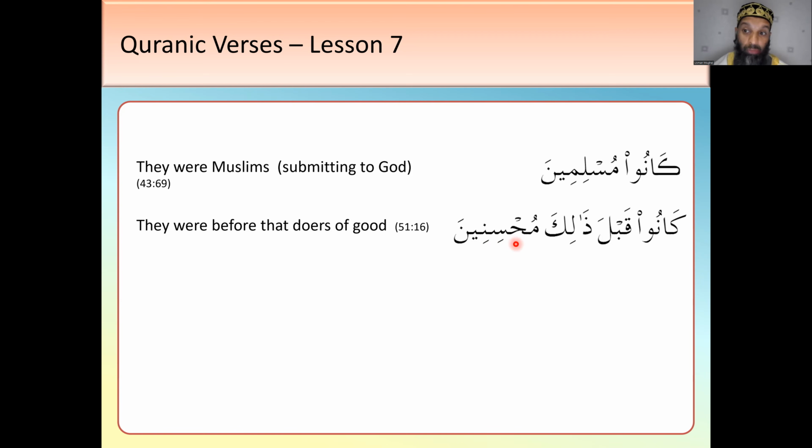And Muhsin is the one who does hasana, good. So Muhsinin is the ones who do good, doers of good. You can see the root word is in there. So they all were, before that, muhsinin, doers of good.